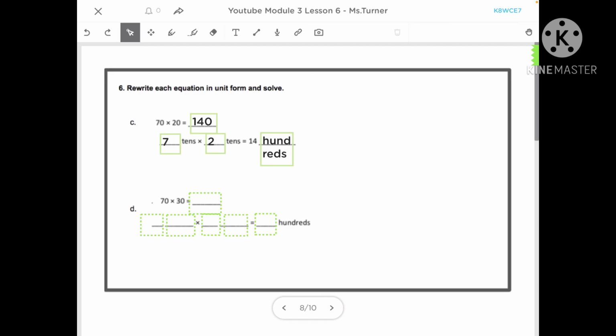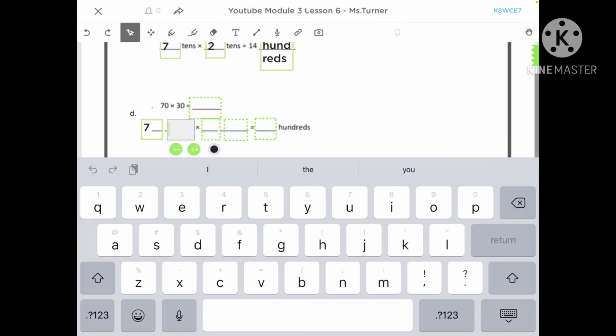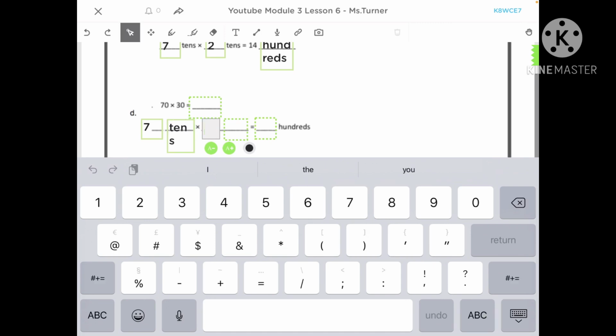All right, what about this last one? 70 times 30 equals blank. Same as before, we're going to start our number in unit form, and then that way it'll make it easier to figure out our final product. 70 times 30. Let's start with 70. How many tens are in the number 70? Good, 7. So I have 7 tens. How many tens are in the number 30?